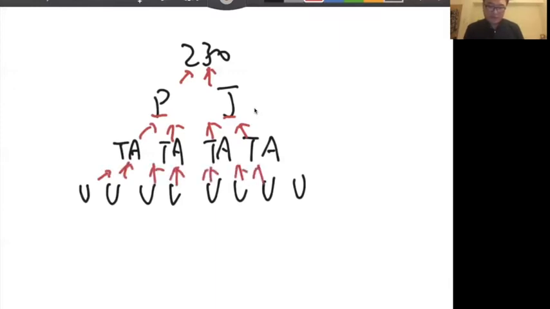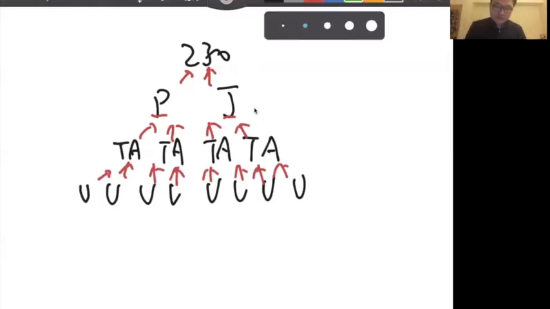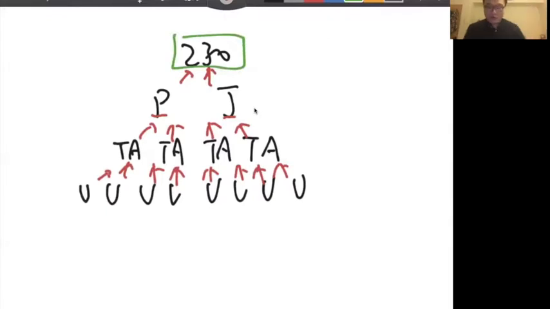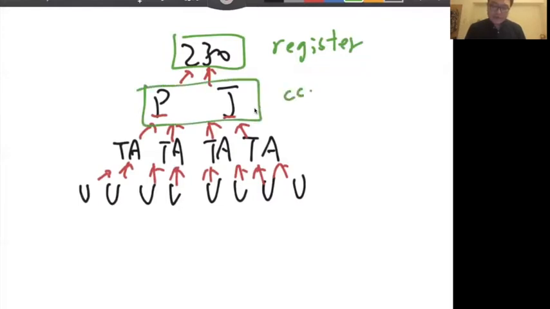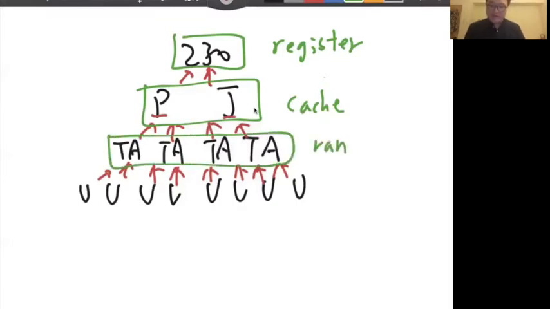So actually, the structure is very similar to our memory hierarchy system. You can imagine that we have a top level, which is called register. Then the second level, we call it cache. And the third level, which is RAM, your memory.